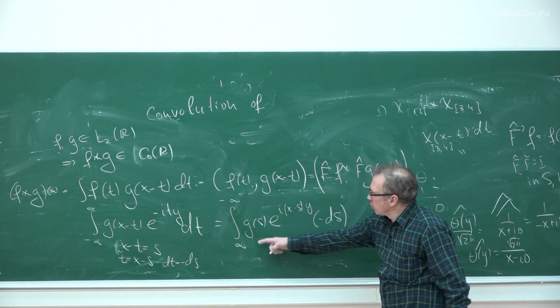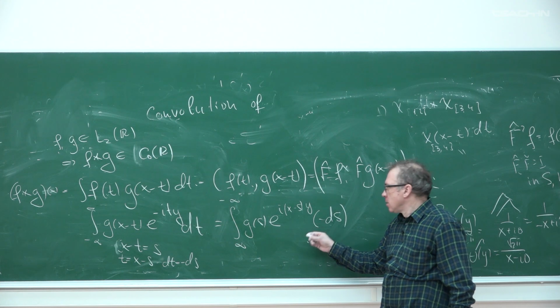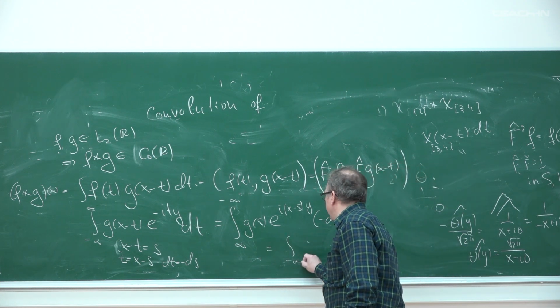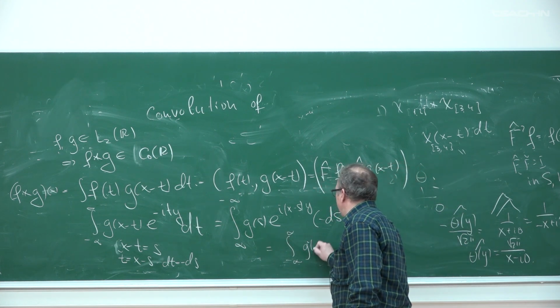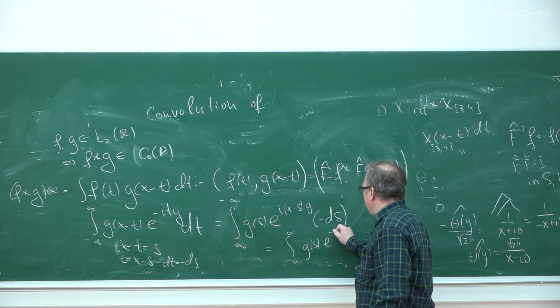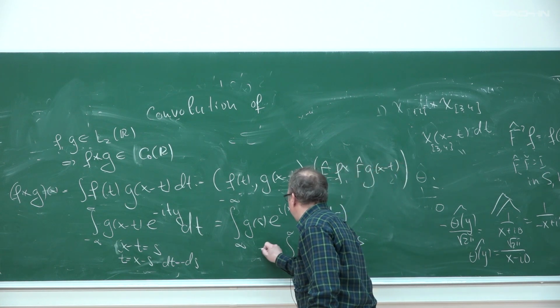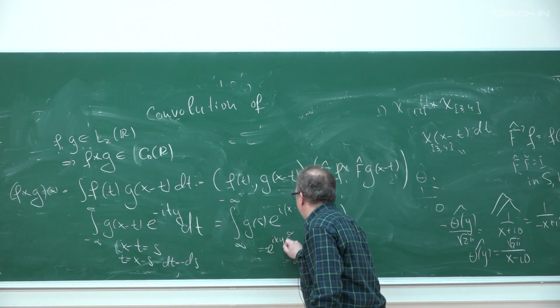Then you change the order of integration and take away this minus. So you obtain the integral from minus infinity to infinity of g of s e to the minus isy ds, and here you obtain e to the minus ixy.